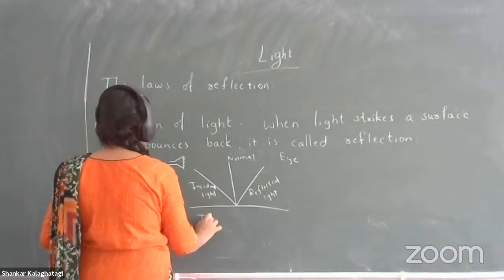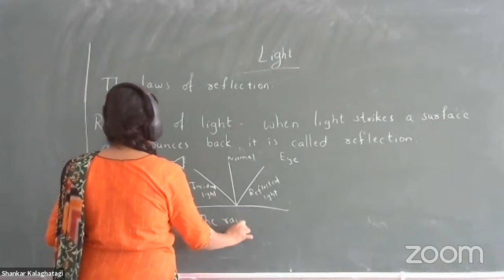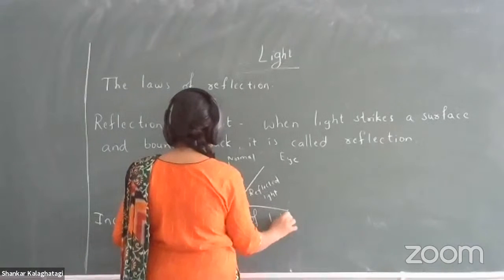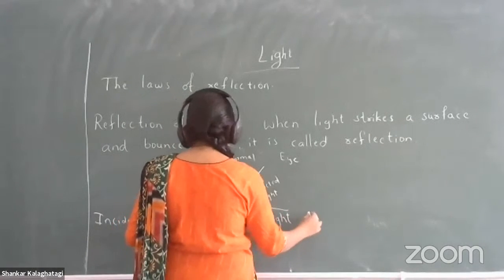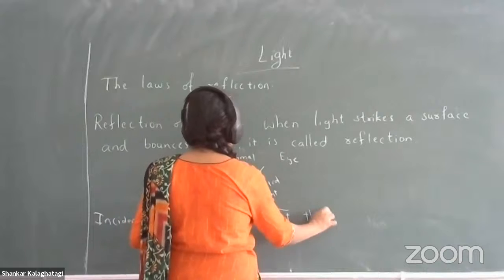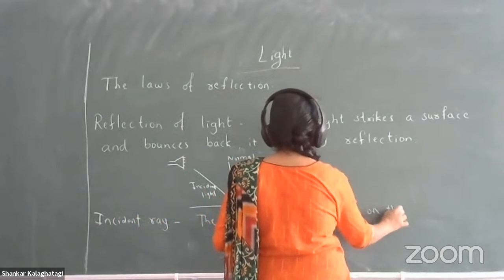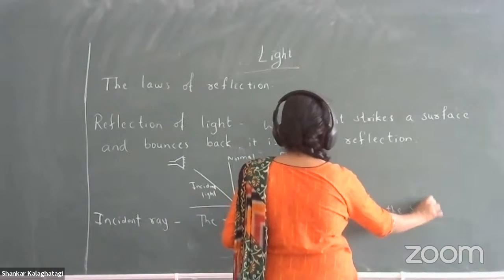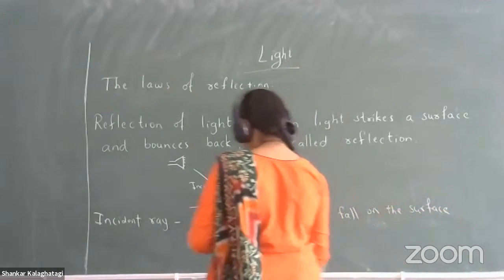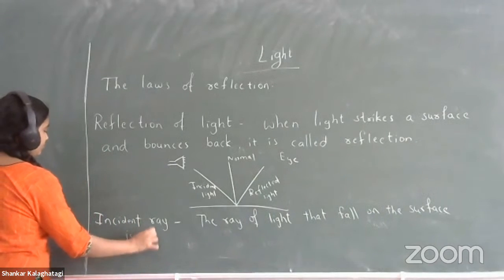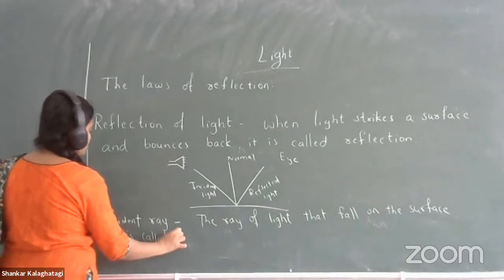The ray of light that falls on the surface is called incident ray.